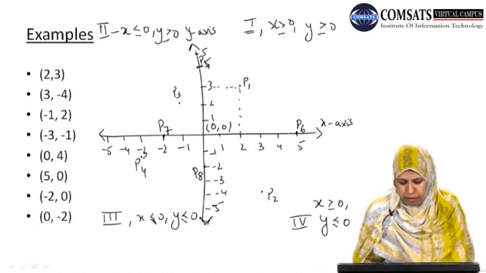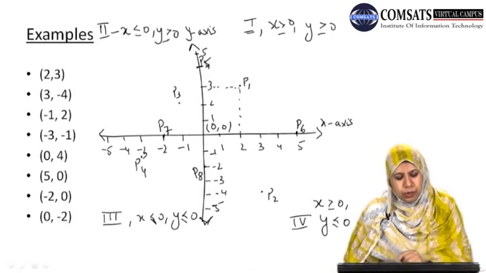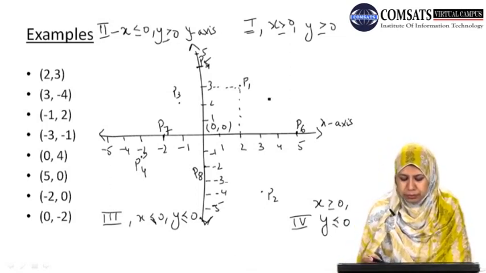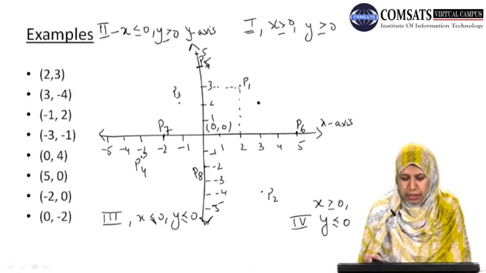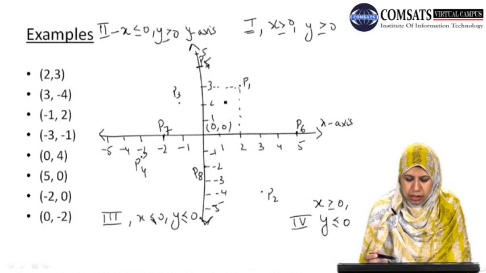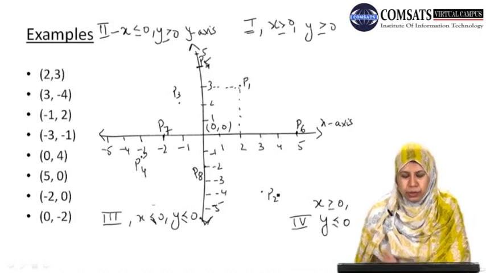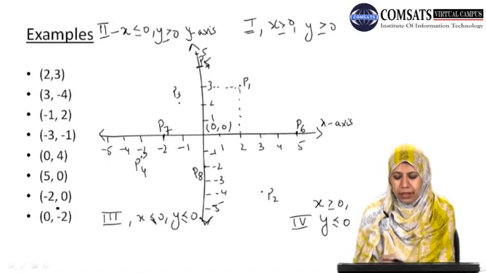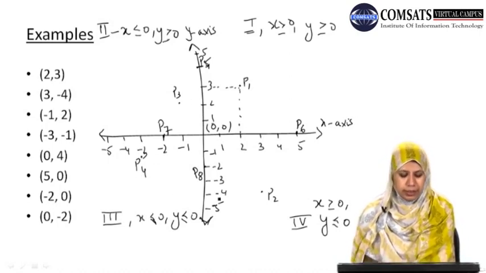Okay. We see that our first 4 points (2, 3), (3, -4), (-1, 2) and (-3, -1) lie in the first, second, third, and fourth quadrants. And our last 4 points lie on our axes, on the positive side or on the negative side.